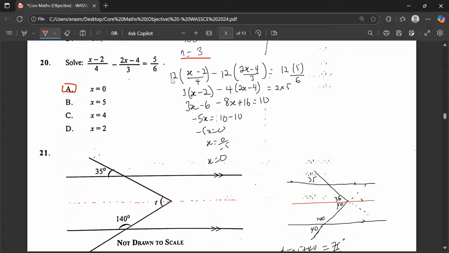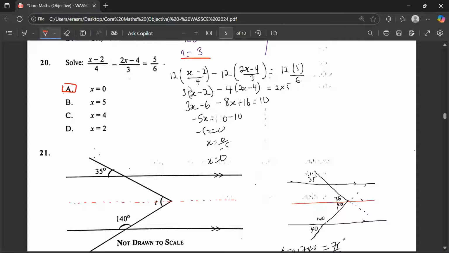Or we are going to multiply this equation by the LCM, that is 12. Compare the denominators, that is 12. 12 times x minus 2 on 4 minus 12 times 2x minus 4 on 3 equals 12 times 5 on 6.